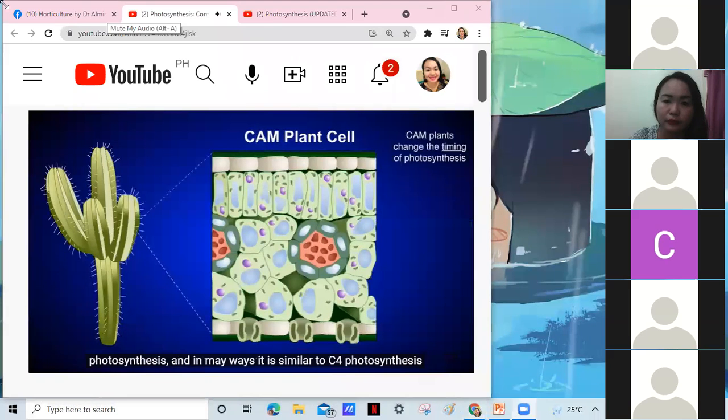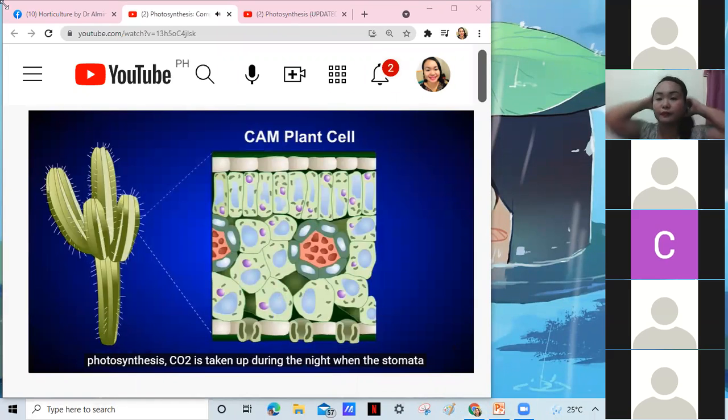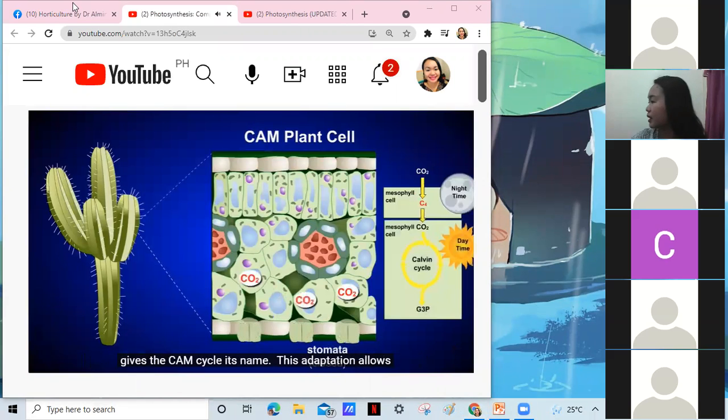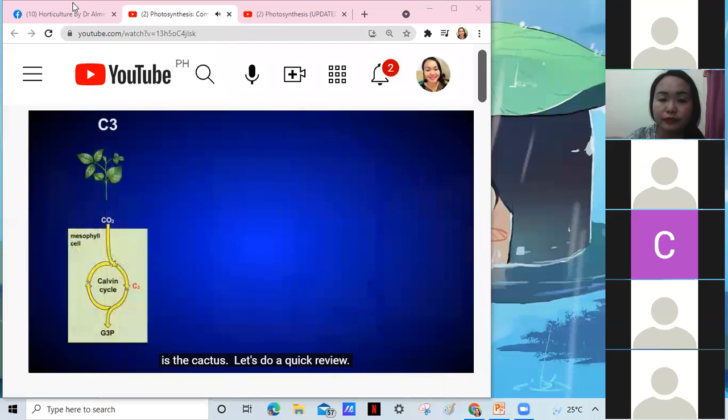Before photosynthesis, except if the timing of the process changes. During CAM photosynthesis, CO2 is taken in during the night and is fixed into a 4-carbon molecule. It's then stored as an intermediate molecule. Let's do a quick review.